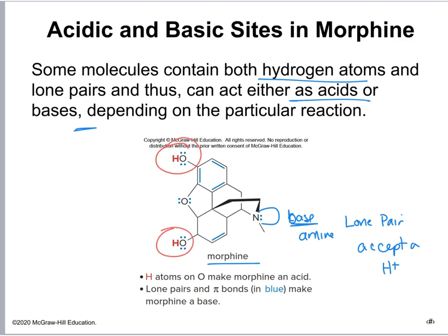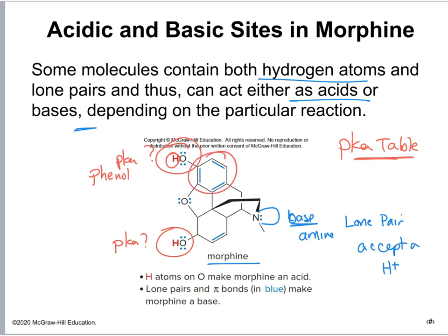And when you look at a pK value, and you need to start looking at these pKa tables and learn how to read them. Can you see, if you've printed off that pKa table, can you see what the pKa value of this one is? And what's the pKa value of this proton? What's this conjugate acid? It would be, once you remove the hydrogen there, this is a phenol because of the aromatic ring, and that is a pKa of about 10.